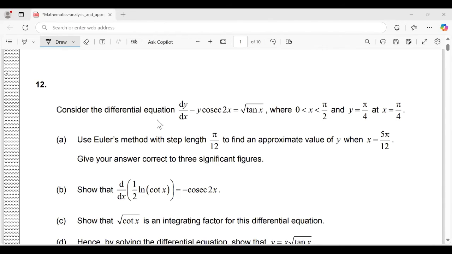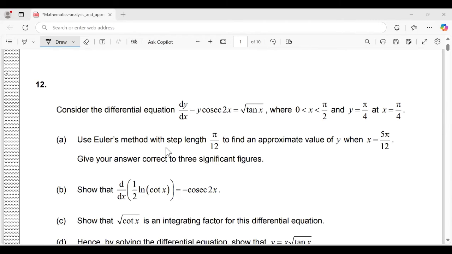Consider the differential equation dy/dx minus y cosecant x equals square root of tangent x, where x is in the interval 0 to pi over 2, and y equals pi over 4 at x equals pi over 4.